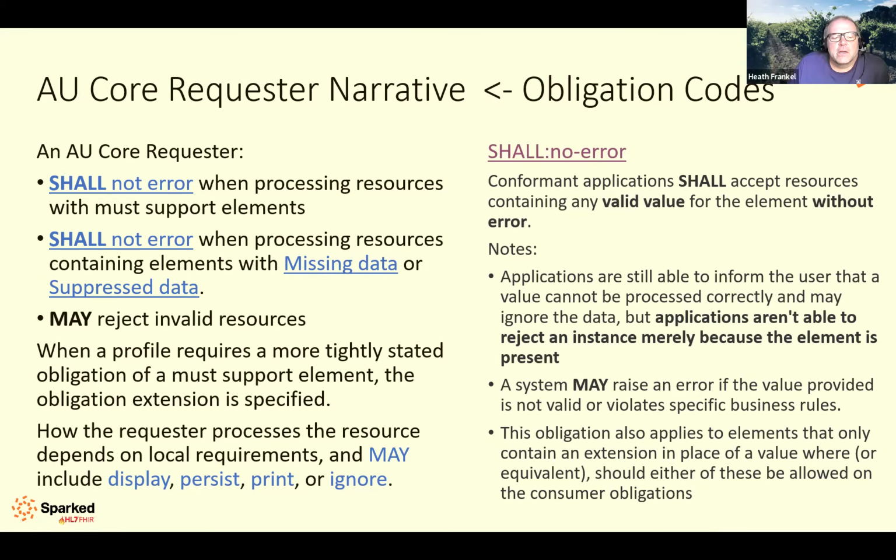And then a little bit of an elaboration here to say that how the requester processes the resource depends on local requirements. And this goes to, I think, Richard's and Steven's point, which is that they may include display, persist, print, and ignore. We're not going to say those in AU core, but the requester may interpret them as any of those.